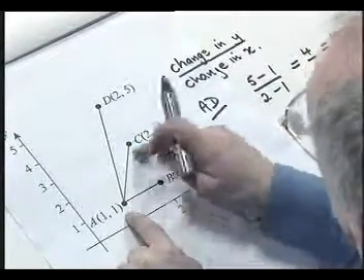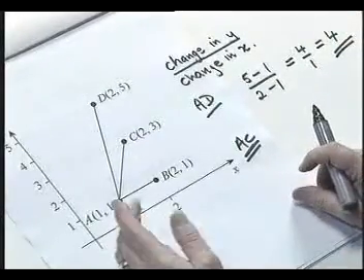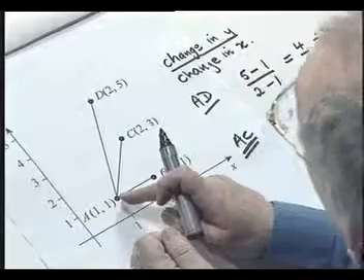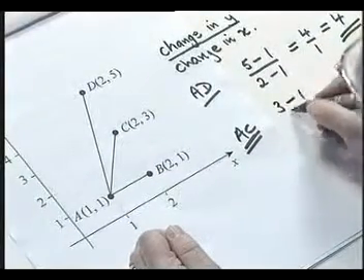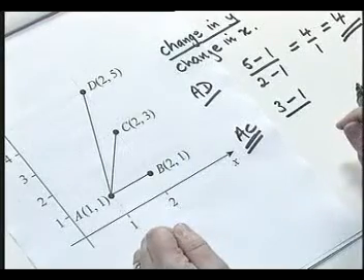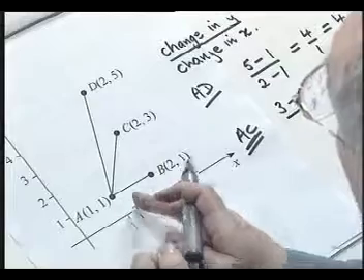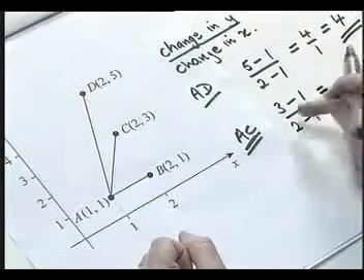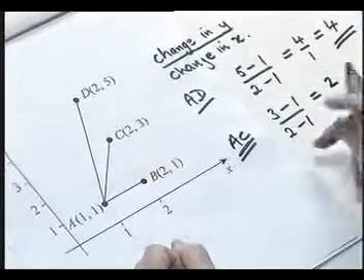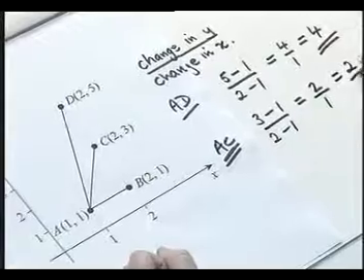What about the segment AC? Let's do the same thing. Well, the change in y now is from 1 to 3. So the change is 3 minus 1. The change in x, well, x goes from 1 to 2, so the change is 2 minus 1. And again, 3 minus 1 is 2, 2 minus 1 is 1, and 2 divided by 1 is 2.